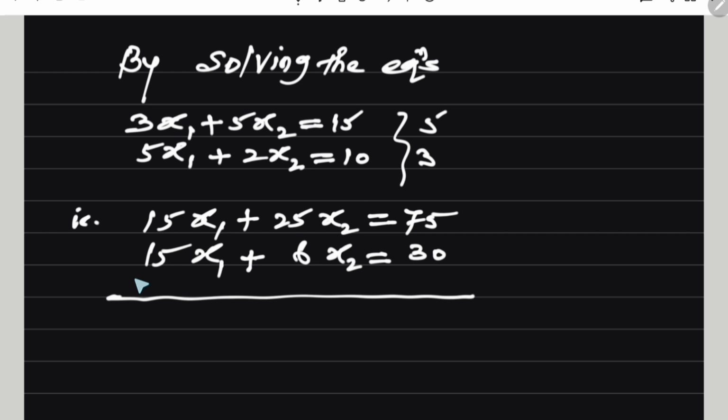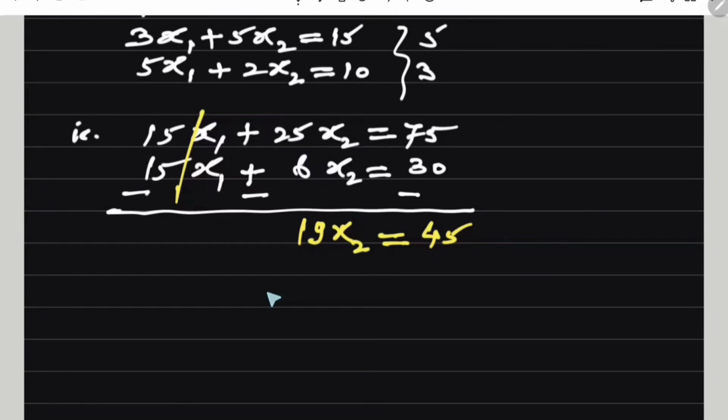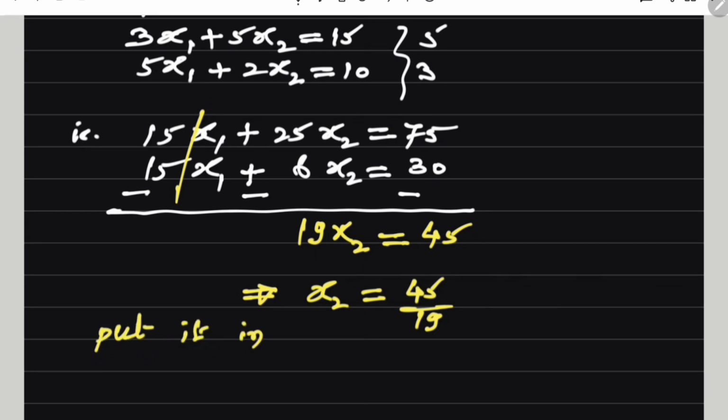Subtracting each term from the first, 15 gets cancelled. We get 25 minus 6 as 19x2 is equal to 45, and therefore we get the value of x2 as 45 by 19. And then substituting this in the first equation, we get the value of x1.